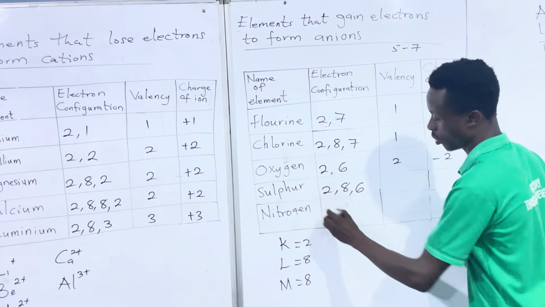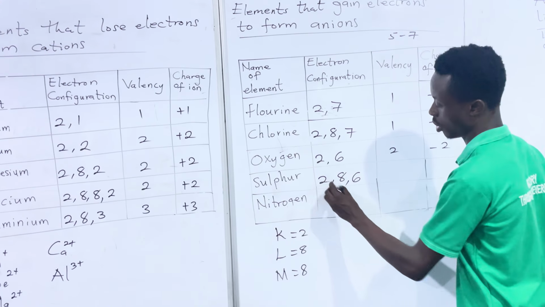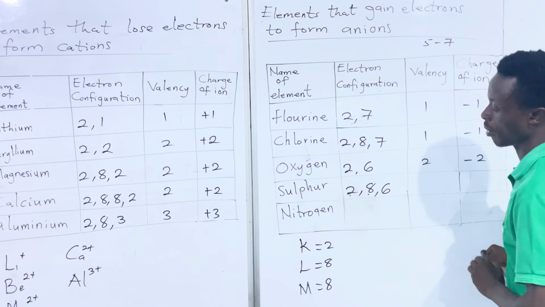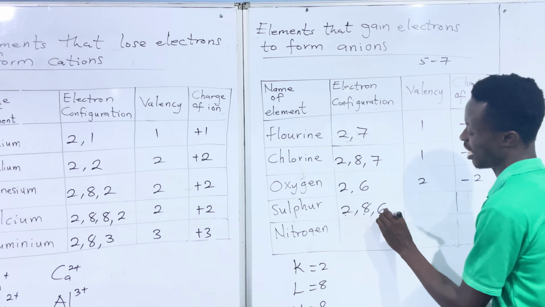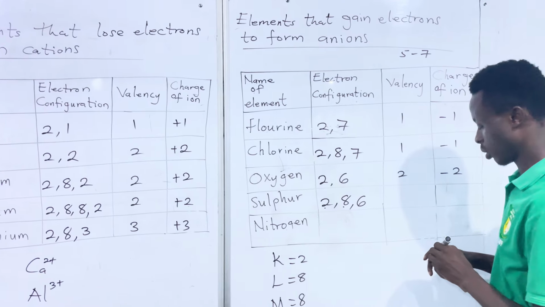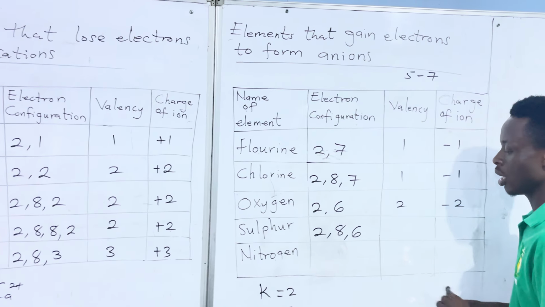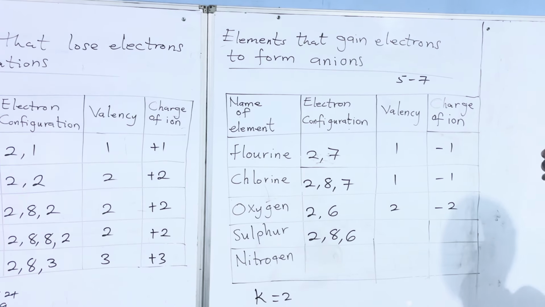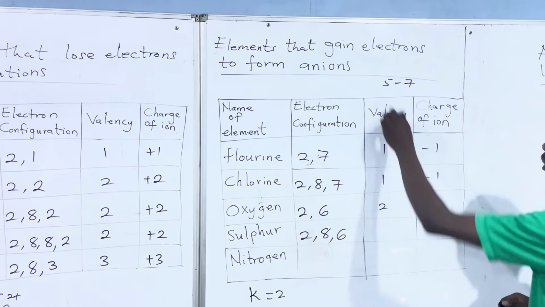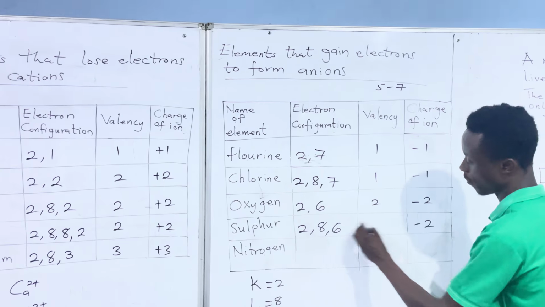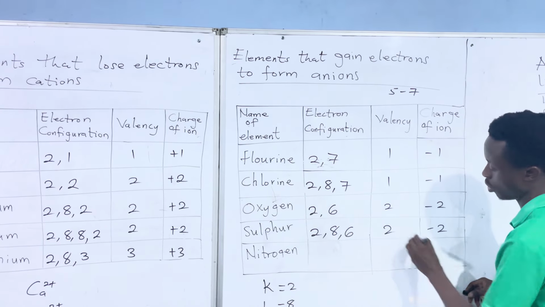Looking at the rules, the first shell will take a maximum of 2, the second shell a maximum of 8, and then the last one is supposed to take a maximum of 8. So it has to gain electrons. It will gain 2 electrons, so the valency is 2.